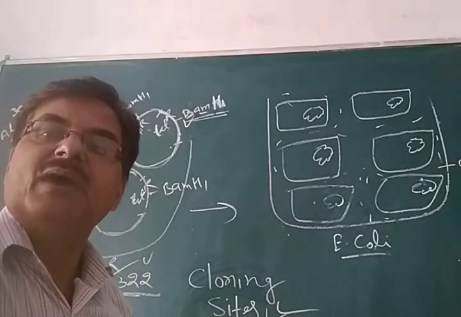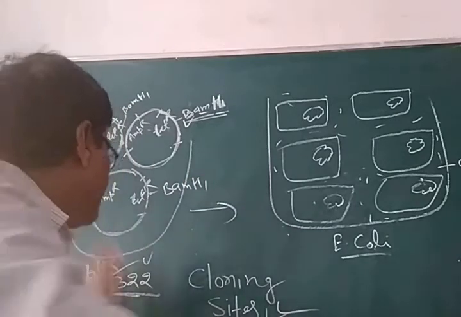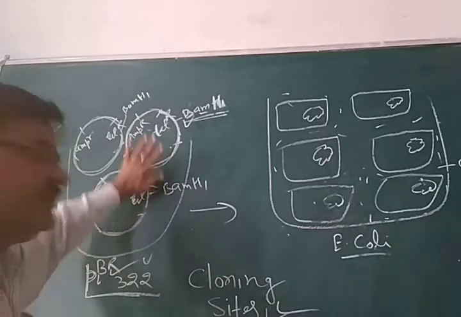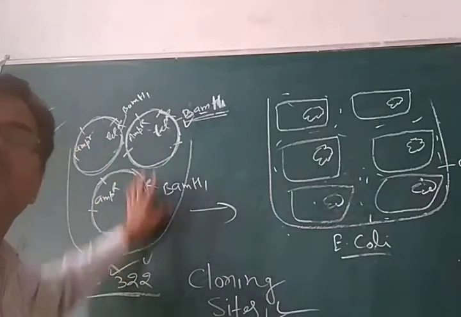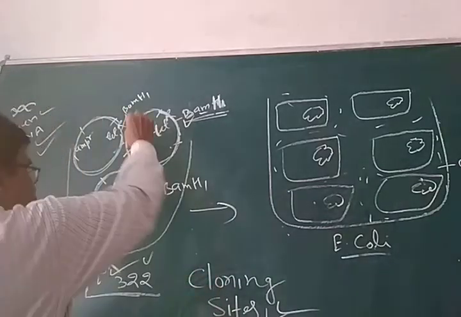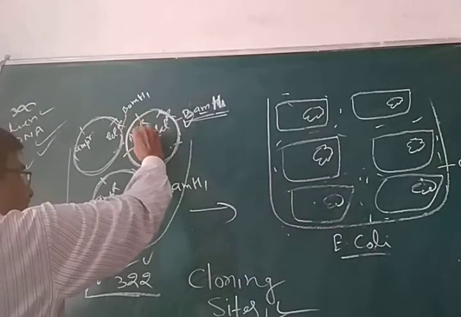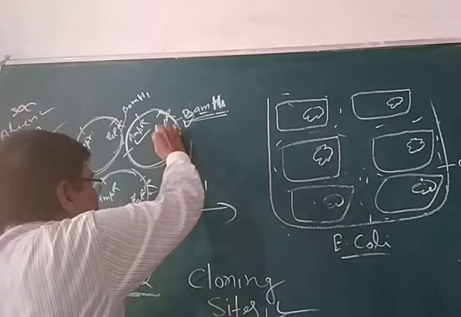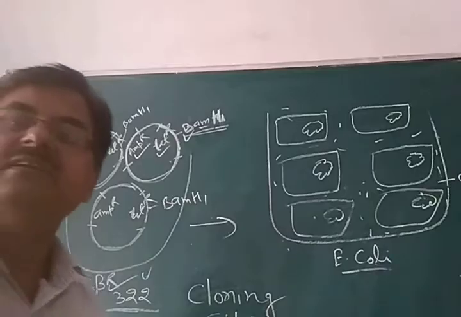Suppose in this cloning vector, that is pBR322, which is the commercially developed, modified, designed cloning vector, there are two antibiotic resistance genes. One is the ampicillin resistance gene and another one is the tetracycline resistance gene.